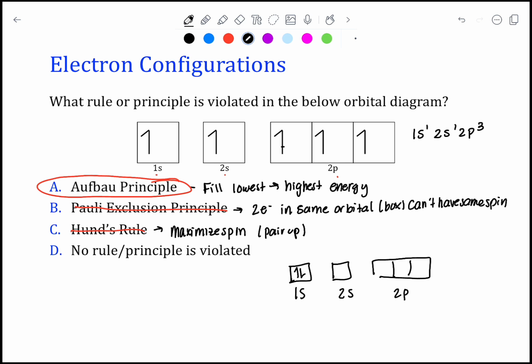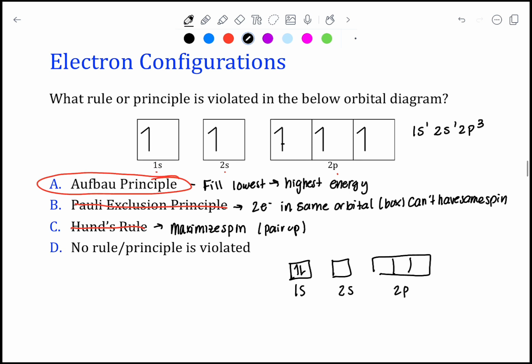So we filled our lowest energy. Now we move on to our next one. So then we have 1, 2, which again, we follow Pauli exclusion by giving them opposite spins. And then my last electron is going to go in my 2p, which is my next highest energy level. So that's what our orbital diagram should have looked like.